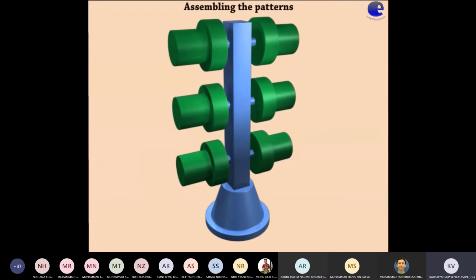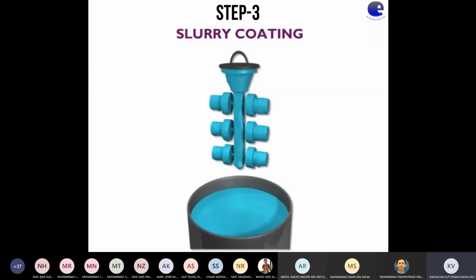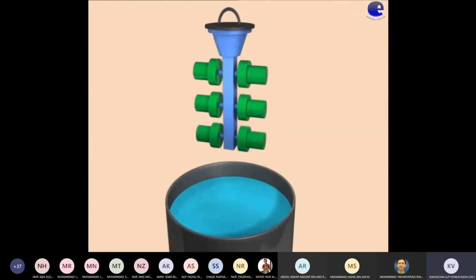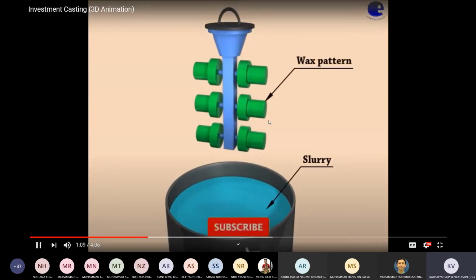We assemble the pattern on the pattern tree. We coat it with refractory material, the slurry coat we call it.